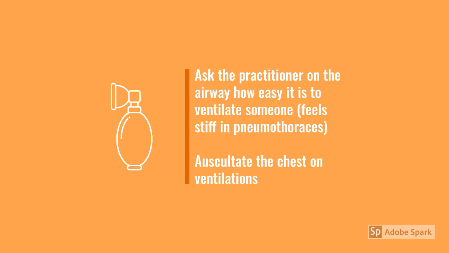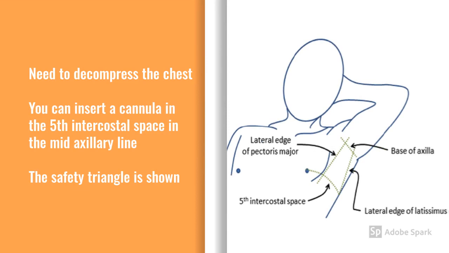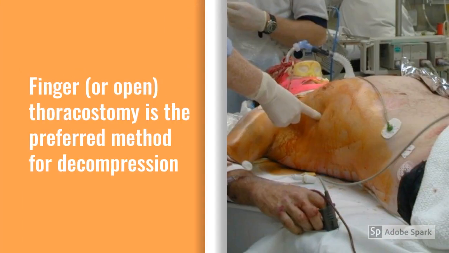And management-wise, if you don't have the skills, they do say to think about needle thoracocentesis. But the reality is that you want to be going for a finger thoracostomy and or insertion of chest drain if you need to. So finger thoracostomy is the way forward.